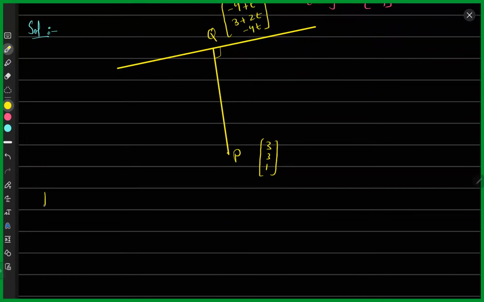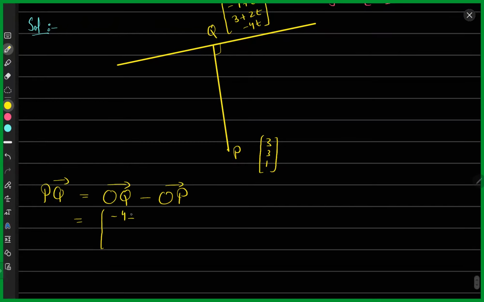So the vector PQ is basically going to be OQ minus OP, and this is going to give you minus 7 plus T. Let me write it down properly.